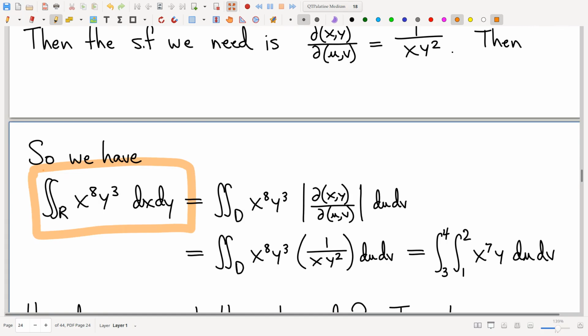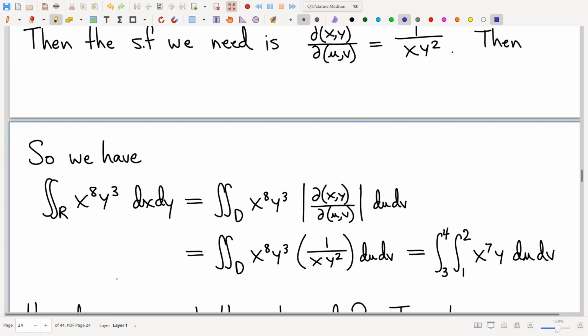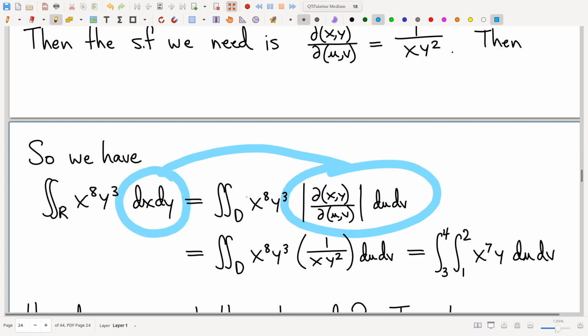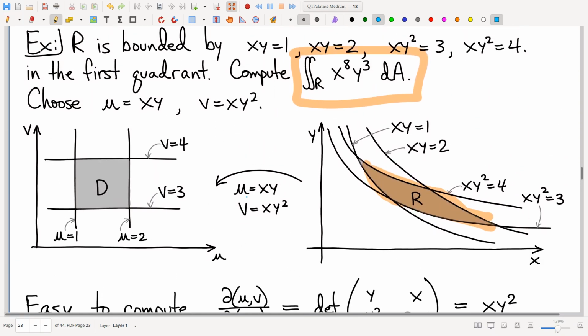The whole big idea is I wanted to rewrite this in terms of u's and v's. And so let's make that switch. Most of the work there is going to be in figuring out how to rewrite dx dy. And here's another place that this notation does some really nice things for us. I'm going to confess that when I do questions like this, it can be a little confusing.